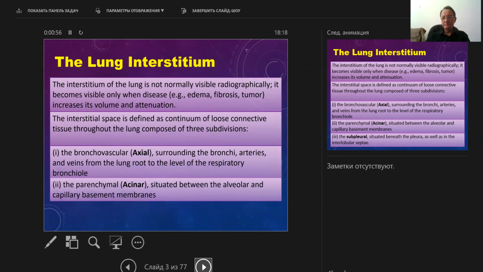Lung interstitium is defined as a continuum of loose connective tissue throughout the lung, composed of three subdivisions. First, the so-called bronchovascular axial, surrounding the bronchi, arteries, and veins from the lung root to the level of respiratory bronchi.